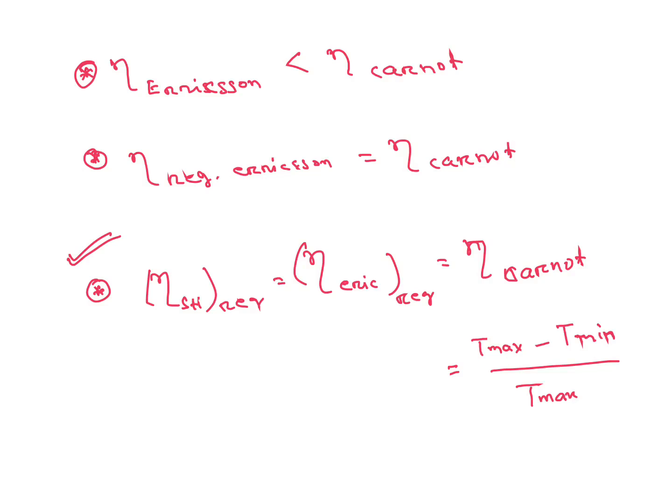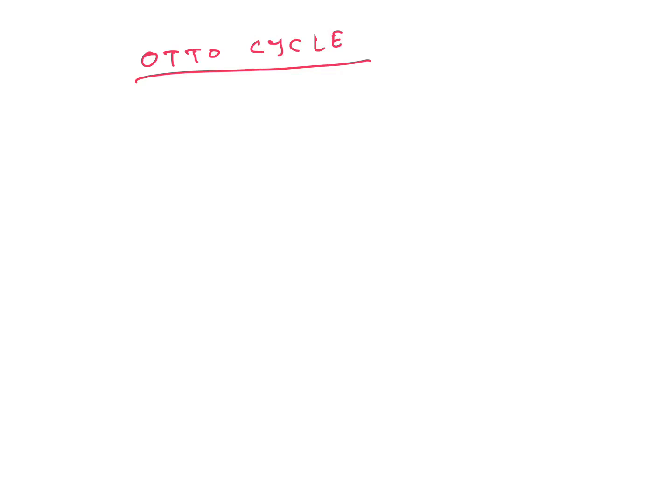Then air standard Otto cycle. 2 constant volume and 2 isentropic. Constant volume processes and 2 isentropic processes. PV diagram I will draw. Constant volume heat addition.